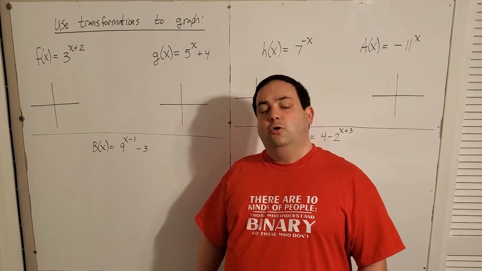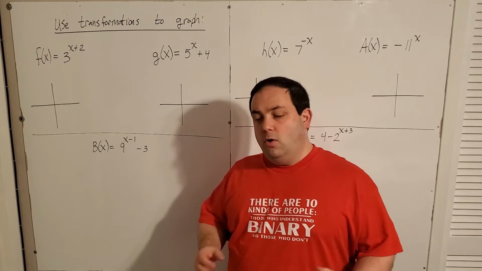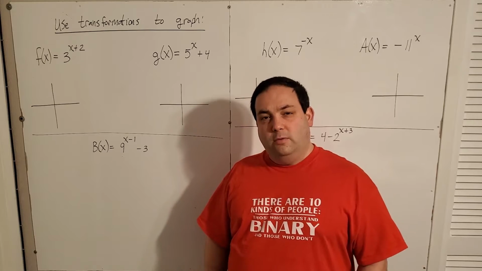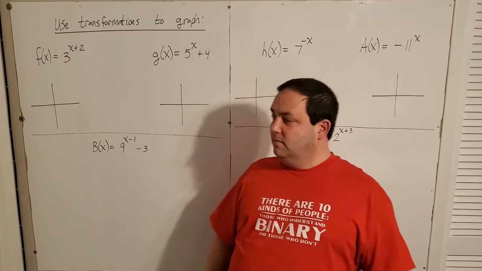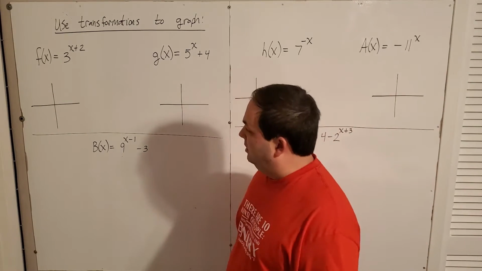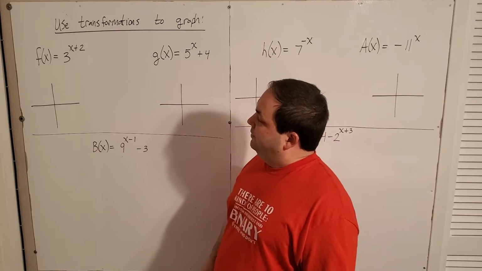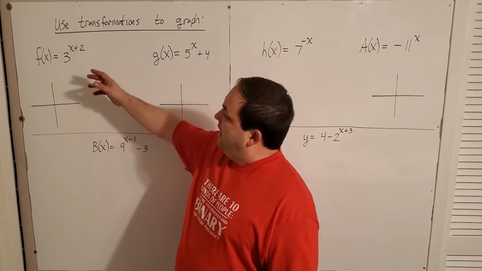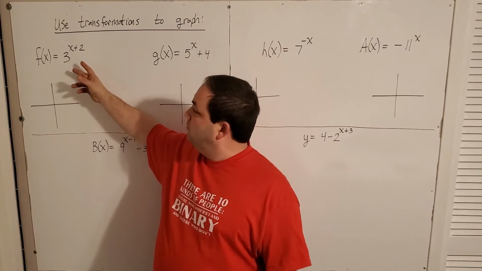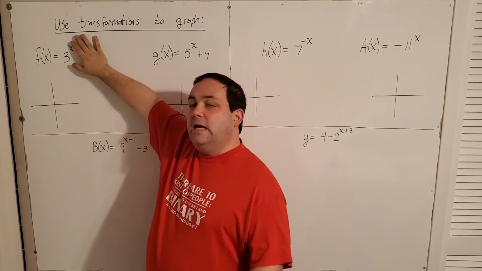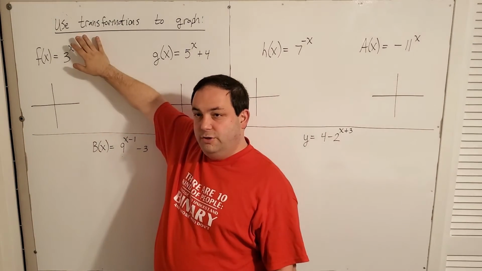Let's talk about graphing these functions and then also throwing in a little bit about domain and range. Okay, so let's look at this first one over here. I have 3 to the x plus 2 power, right? Now remember, 3 to the x is a normal exponential function.